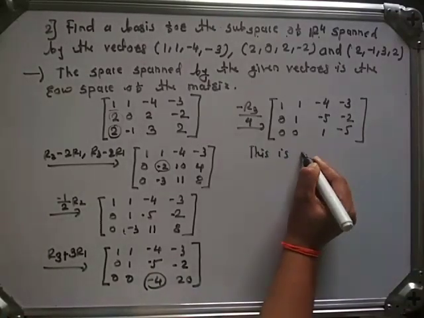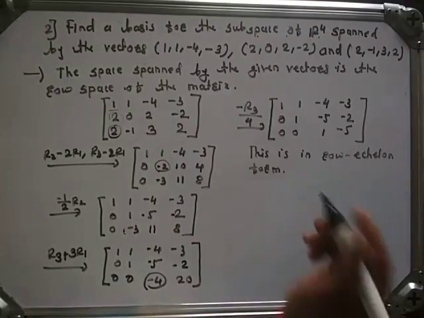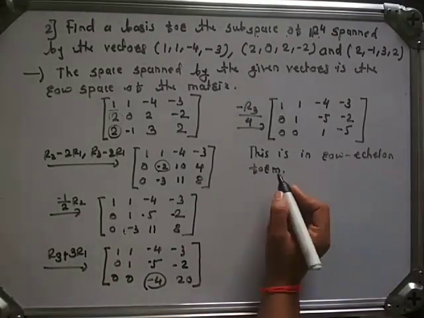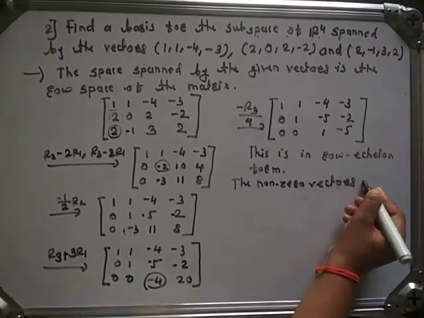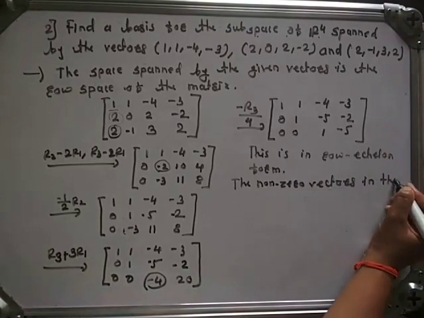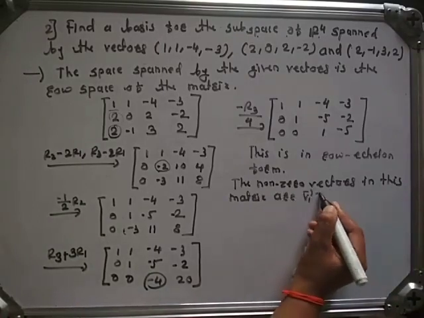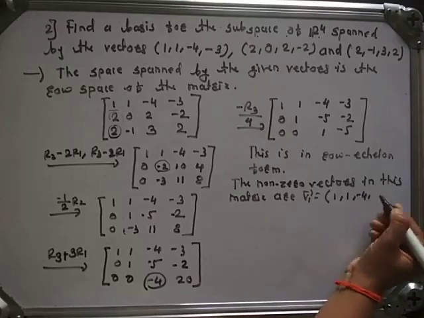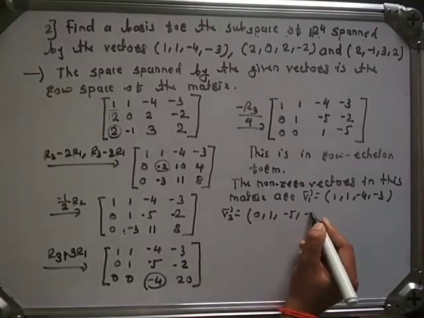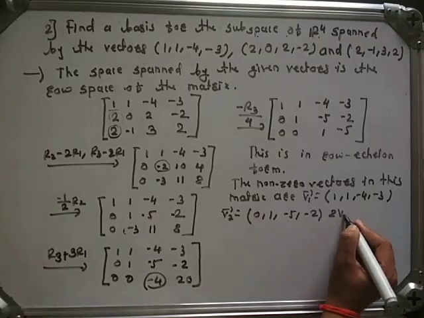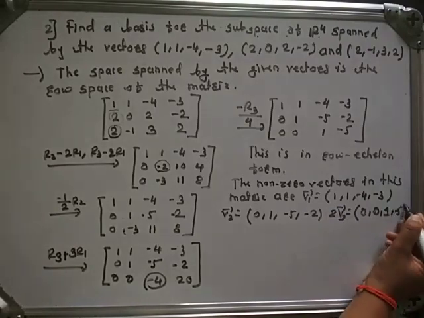This is in row echelon form. The nonzero vectors in this matrix are v1 bar equal to the vector 1, 1, minus 4, minus 3. v2 bar equal to the vector 0, 1, minus 5, minus 2, and v3 bar equal to the vector 0, 0, 1, minus 5.